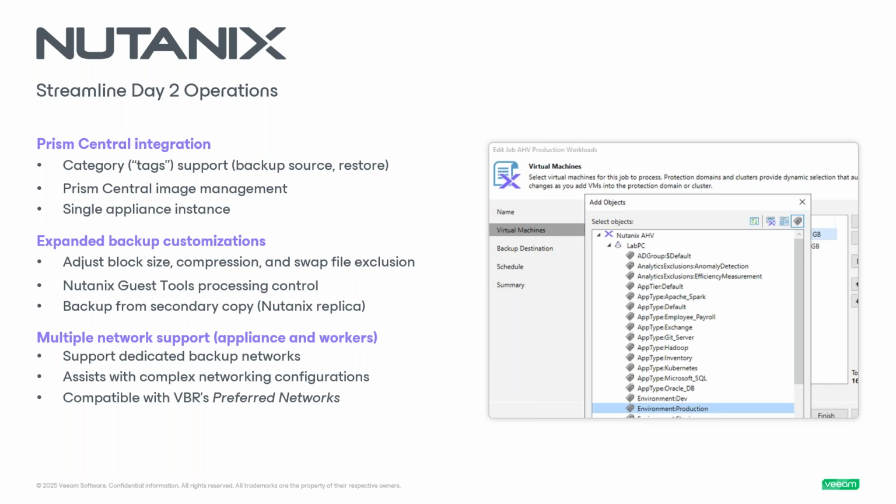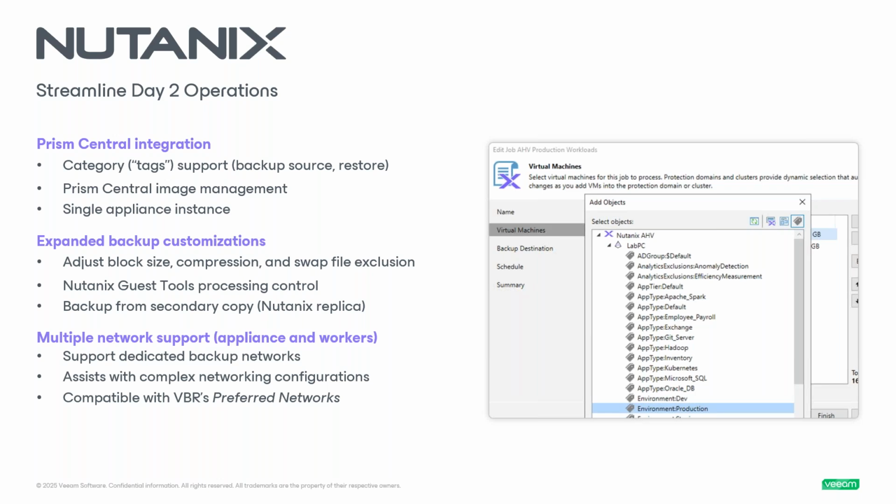Okay, so not just backup customization, we also provide the ability for multiple network support, not just for the appliance but also for the workers. Right, worker nodes are basically data movers that allow us to transport or move data across via the worker node, so that we can perform things like backup and restore. And of course, you can set up dedicated backup networks.